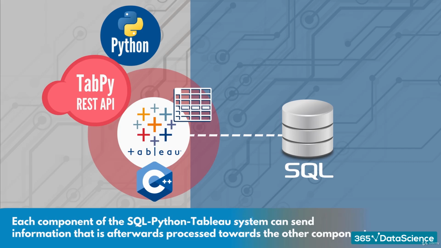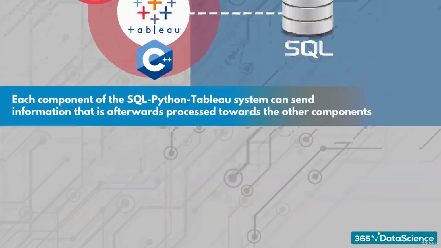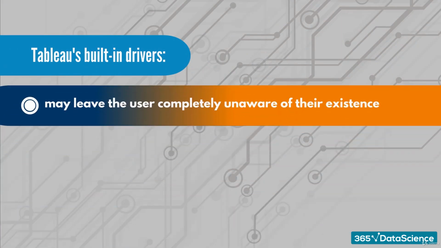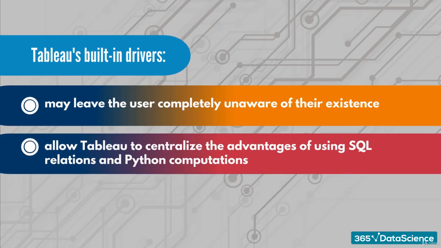In addition, integration can happen online or locally, but in our example, you needn't think too much about that. Just remember that Tableau has built-in drivers that may leave the user completely unaware of their existence. Nevertheless, they allow Tableau to centralize the advantages of using SQL relations and Python computations to take the data from your database, apply state-of-the-art analysis, and then visualize the output in Tableau.